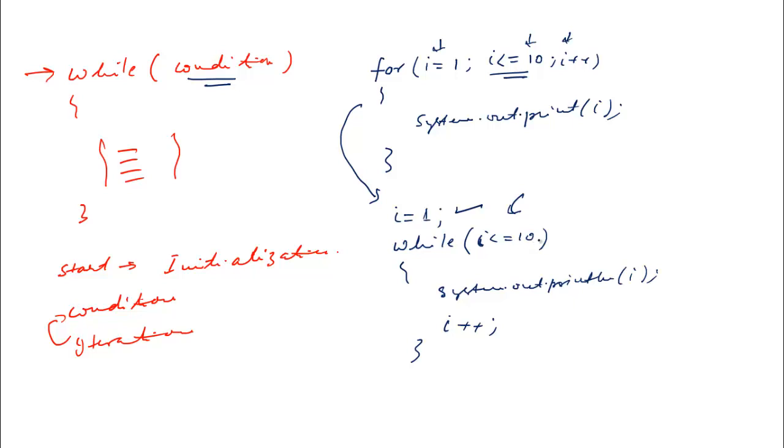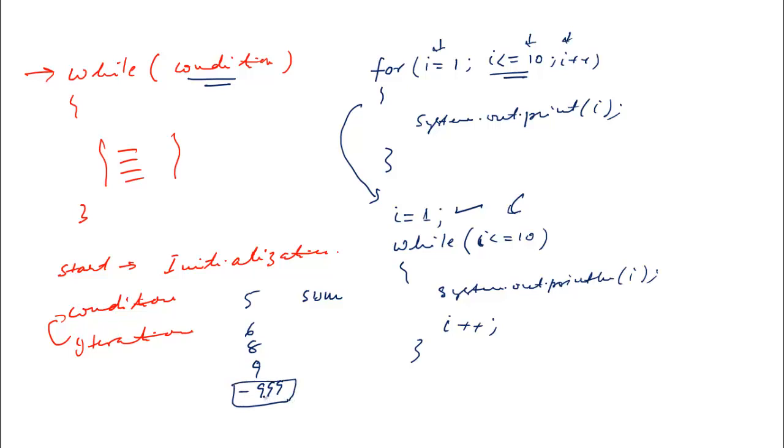But say there is a scenario where the user enters numbers one by one. Say the user enters 5, and we add that number into the sum variable, then 6, then 8, then 9. When will it stop? There is a condition: if the user presses -999, then the loop will exit.